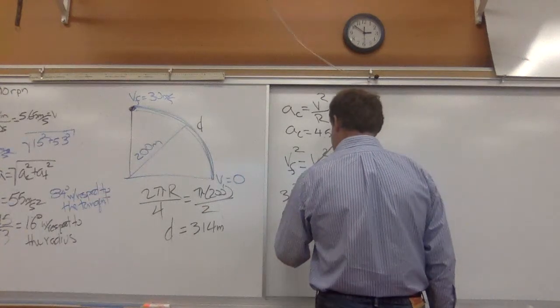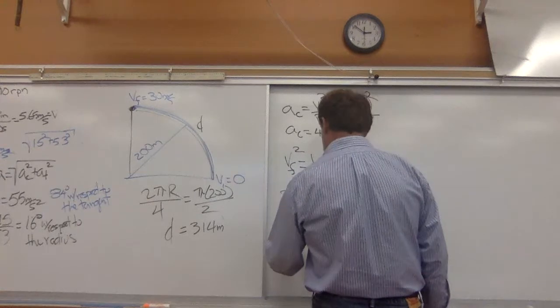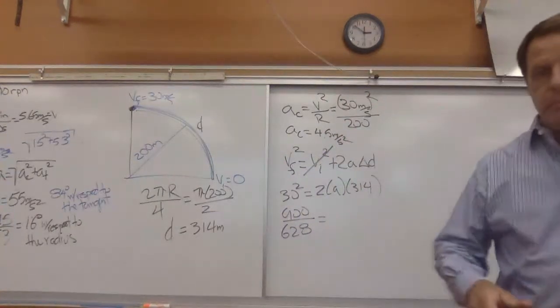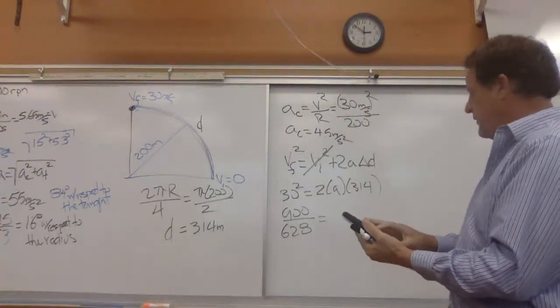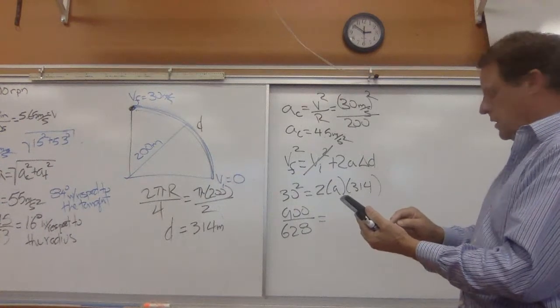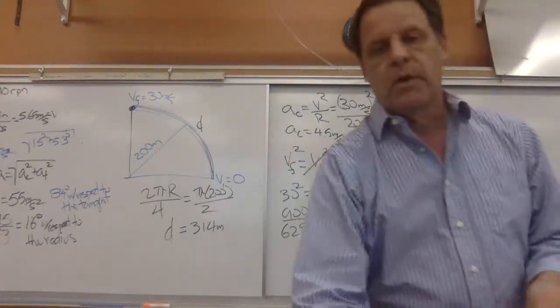So this is going to be 900 divided by 628, which is 1.43.